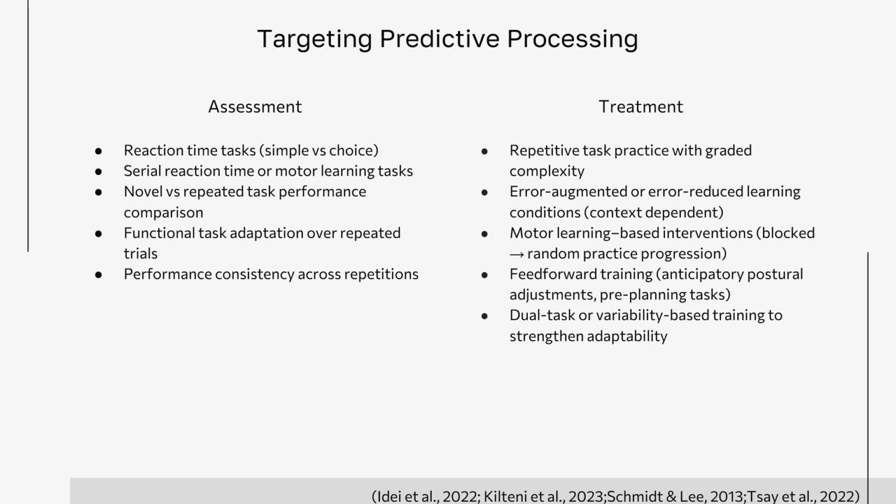Fun thing about targeting predictive processing is that there's a million ways to do it. Some of the best assessments being reaction time task, serial reaction, new task, repeated task performance with comparison, functional task adaptation over repeated trials, and performance consistency across repetitions. One of my favorite ones when it comes to novel or repeated task, functional task adaptations, is forcing a time constraint onto the task.